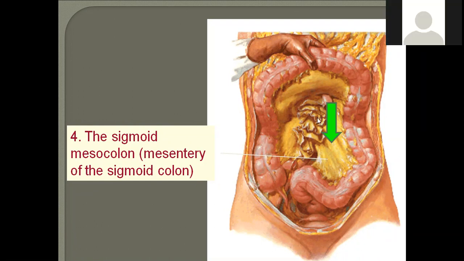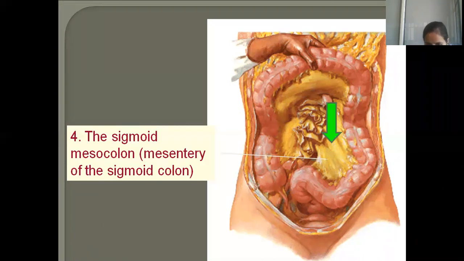What are the parts of the GIT we have? Esophagus. Then mouth, esophagus, stomach, small intestine, large intestine, isn't it? So in the small intestine, just a minute, I'm getting one call.